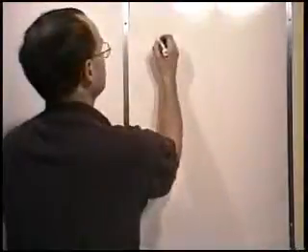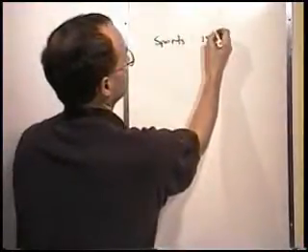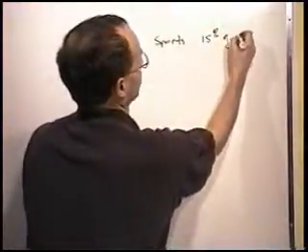All right, in this last example, we're going to say 15% of people watch sports on TV. So the sports guys, we're going to say in our little survey, that's 15% of people.